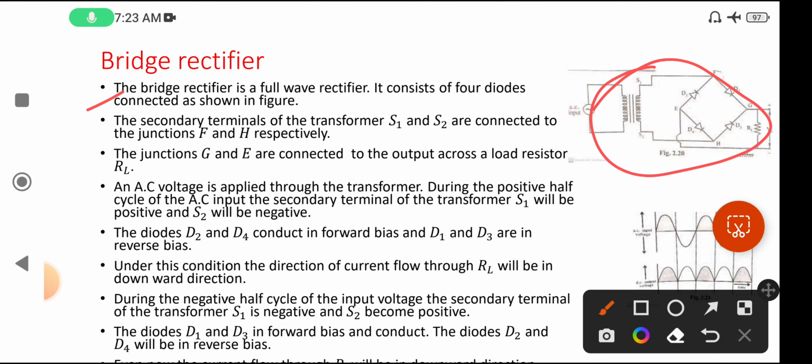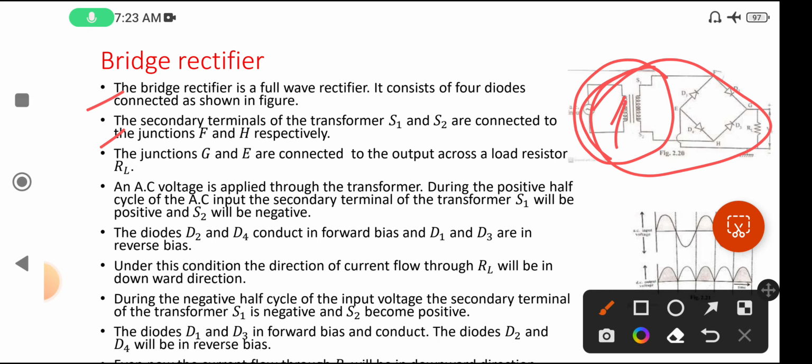Okay, and the secondary terminals of the transformer, S1 and S2, are connected to the junctions F and H. Here the secondary terminals are connected. There are 2 secondary terminals for the transformer. So here you see the transformer. This is the transformer, right?